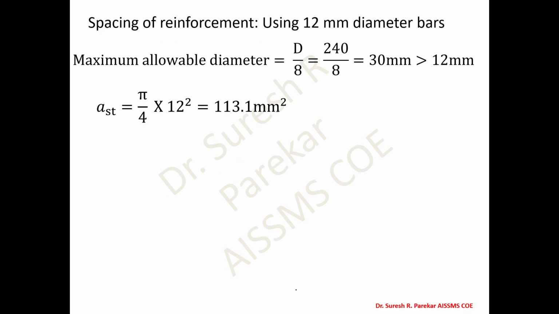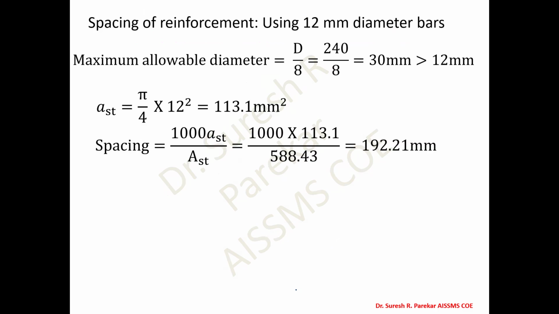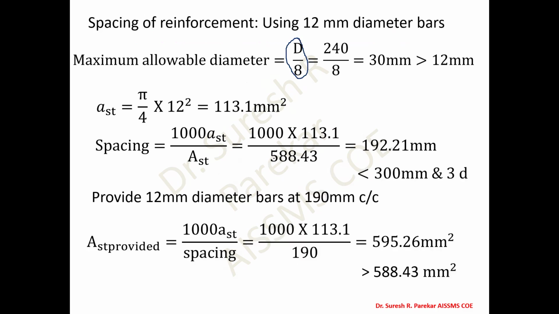And then we have calculated value for spacing of reinforcement. Now this is most important. Maximum diameter we have a code clause d by 8, so we have already considered it. Then spacing we will get as 190. So we have 12 mm at 190 center to center.